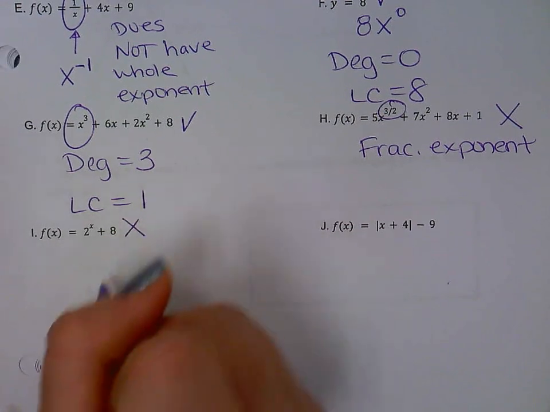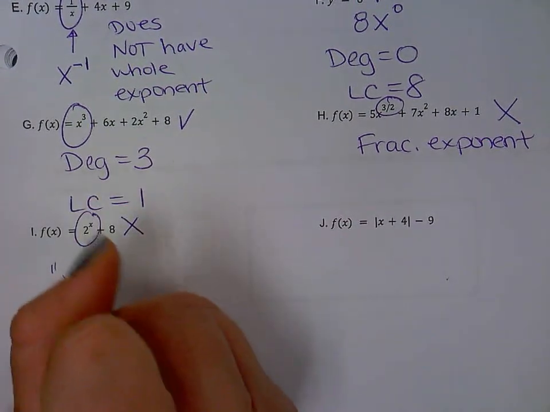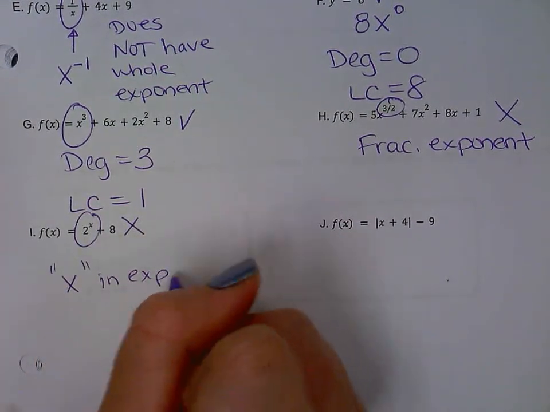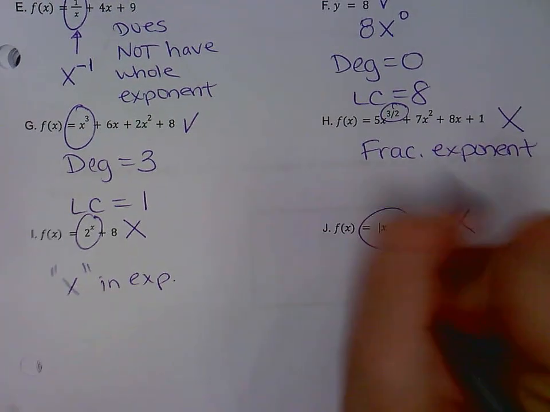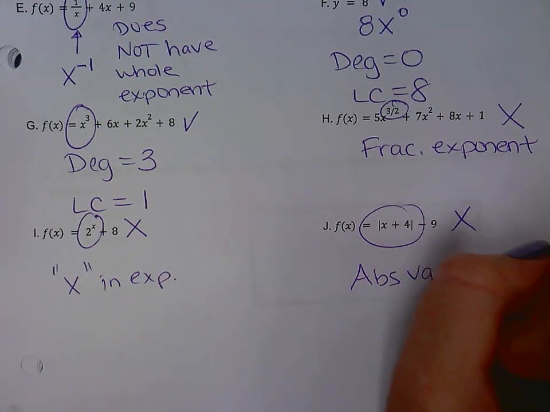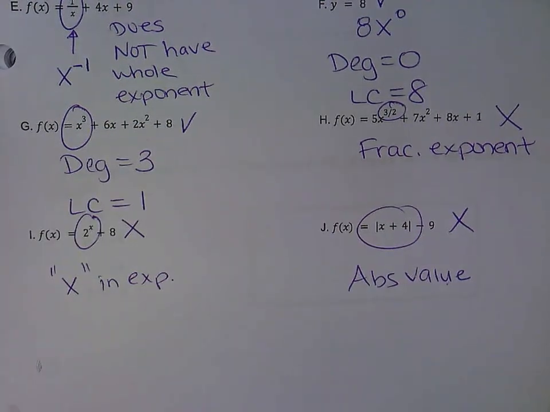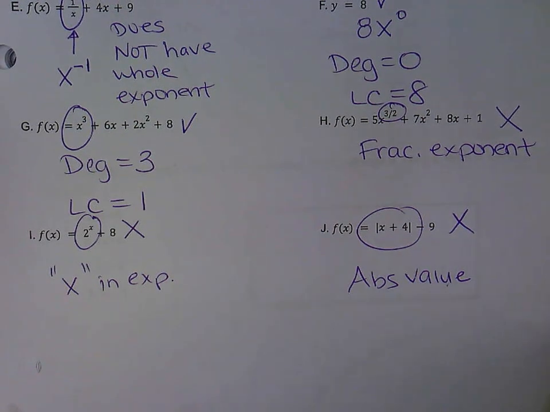This has an x in the exponent. That's called an exponential function. You want x as the base, x to the third, x to the eighth. 2 to the x is exponential. And then this one also fails because it's an absolute value function. So absolute value functions are not polynomial functions. So that's a good page to look back on. That'll be like what your quiz looks like on Friday.